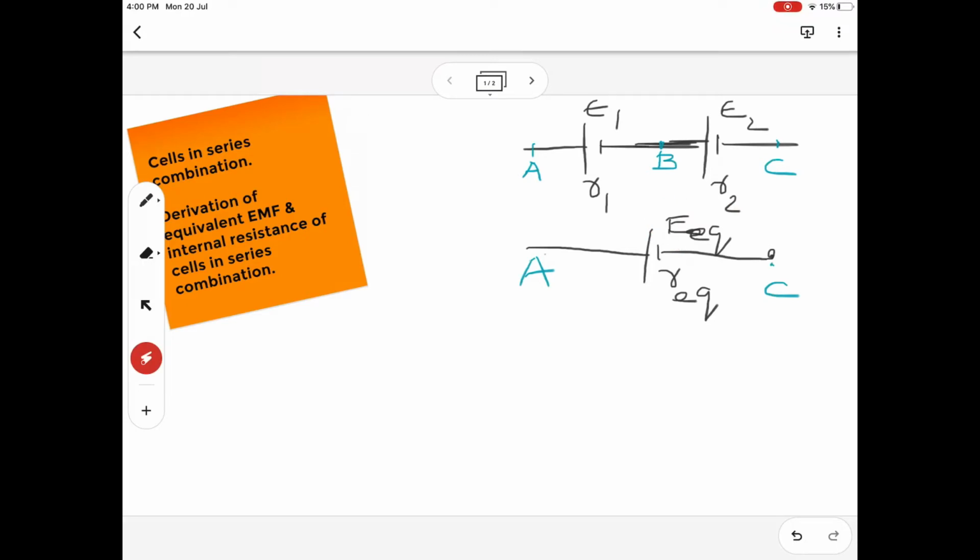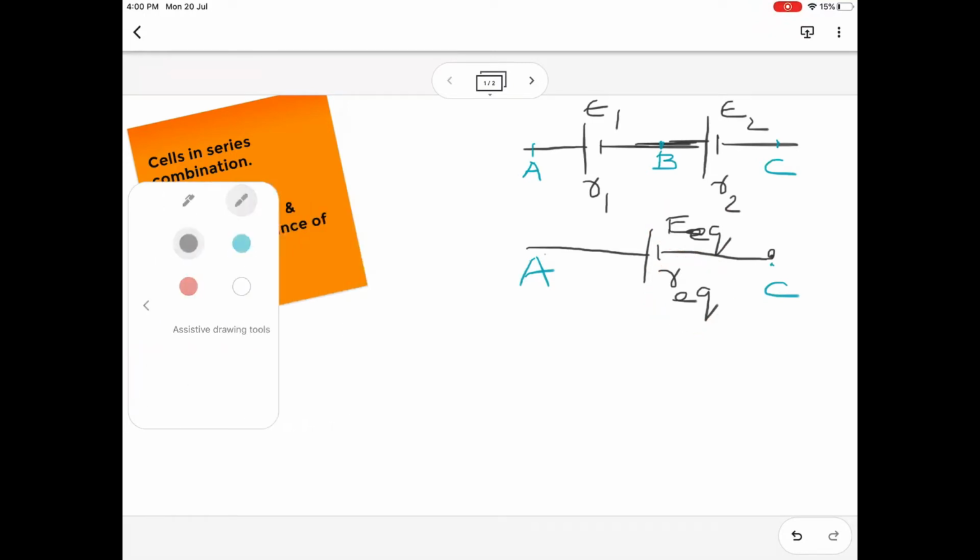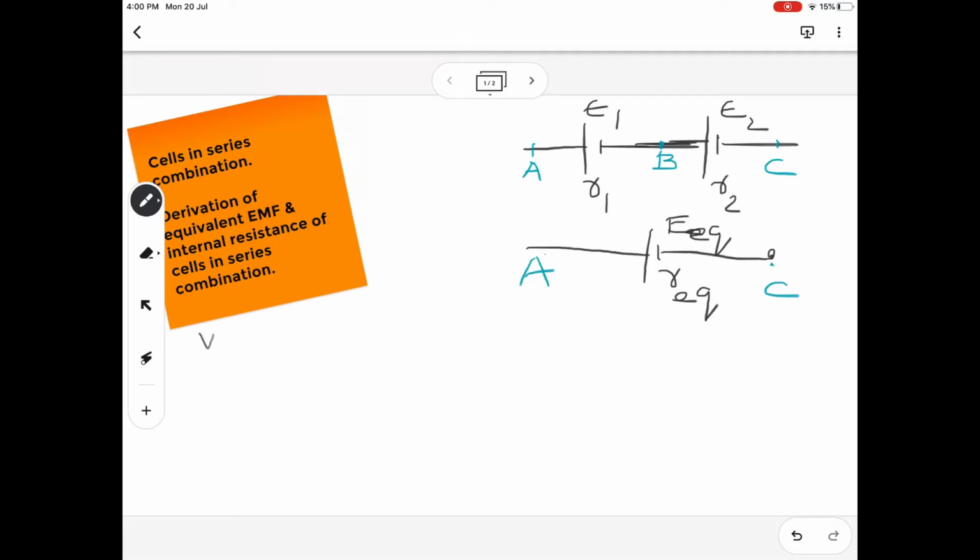This equivalent cell has a net internal resistance which will equal the net internal resistance of the above two cells in series combination. The equivalent cell is also expected to send out a current similar to the one coming out of the above two cells. You can note that the equivalent cell is between the same two terminals A and C. Knowing all this, we will proceed further.